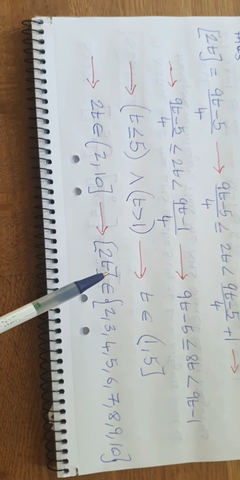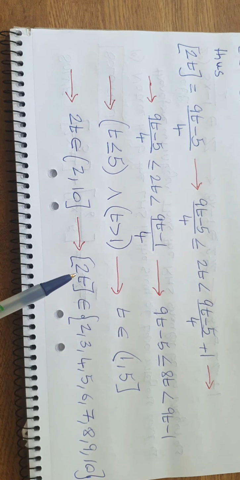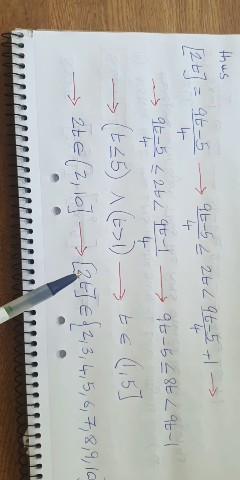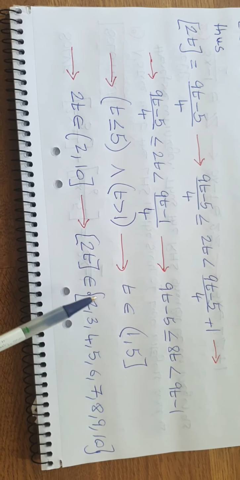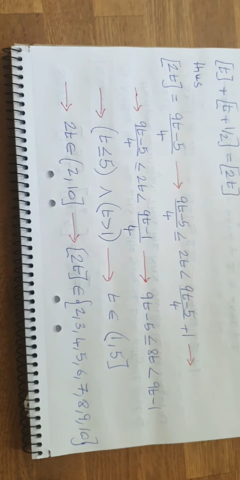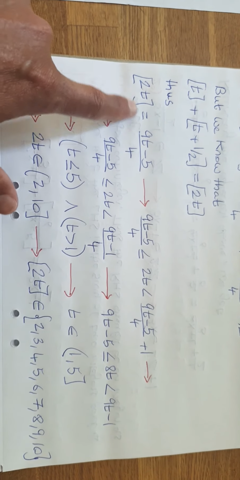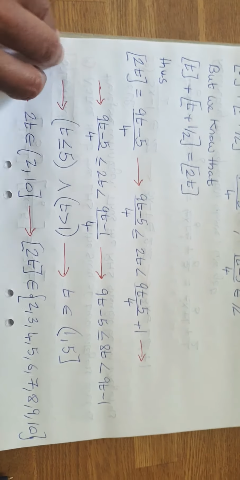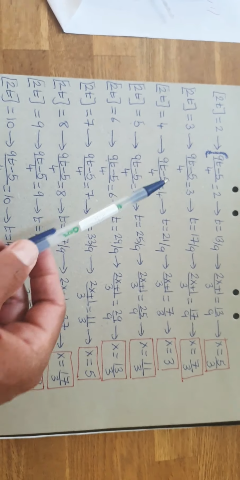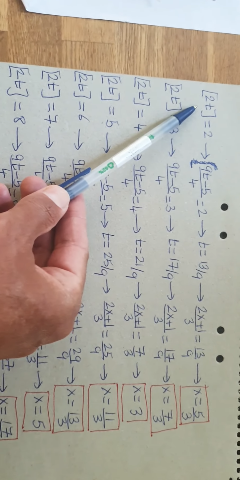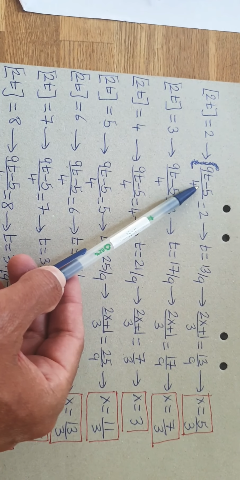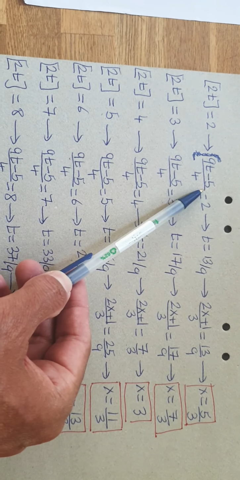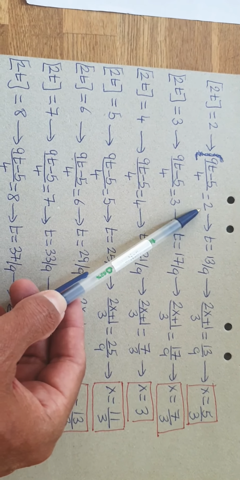So I have shown now that the possible values of the integer part of 2t are those values. And now I want to study each one of them. Remember this equality. Now if the integer part of 2t is 2, then since this one and this one are equal, (9t minus 5) divided by 4 is equal to 2.